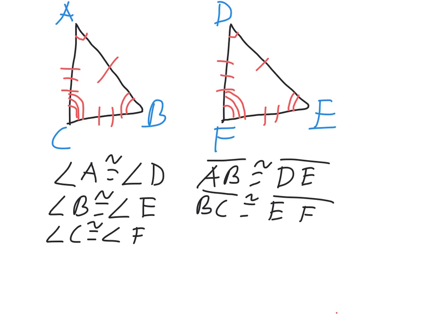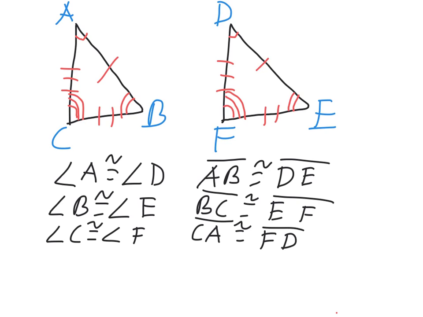And side CA is congruent to side FD. So, these are the different parts of the triangles that are congruent to each other. So, how would you write a statement saying that these two triangles are congruent?